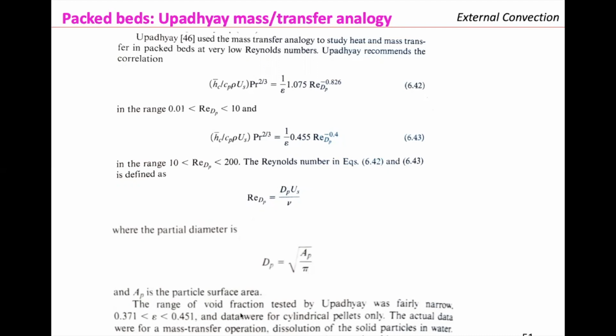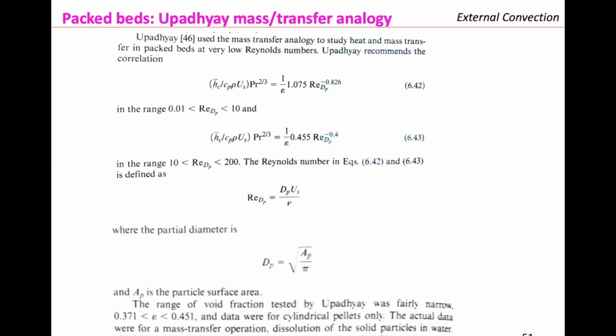The range of void fraction tested by Upadhyay was fairly narrow, and the data were only for cylindrical pellets. The actual data were for mass transfer operation, dissolution of solid particles in water. Use of this correlation for gases, Prandtl equals 0.71, may be questionable, so you need to be careful with that.